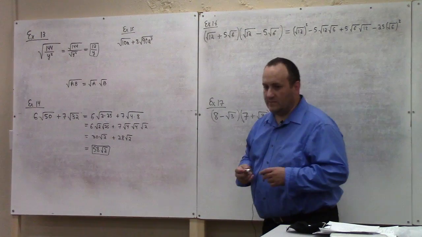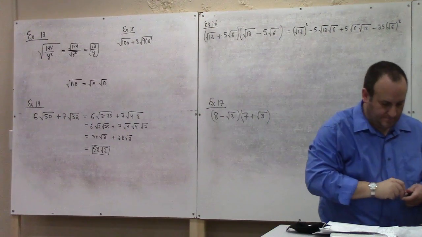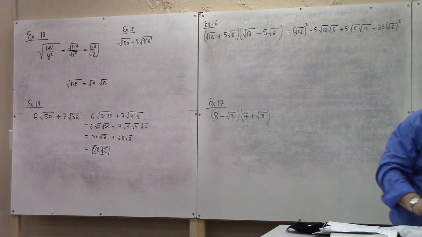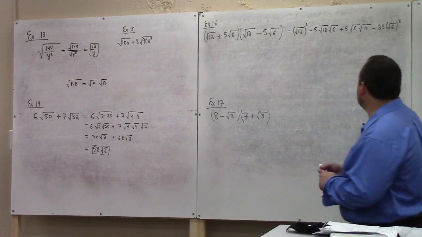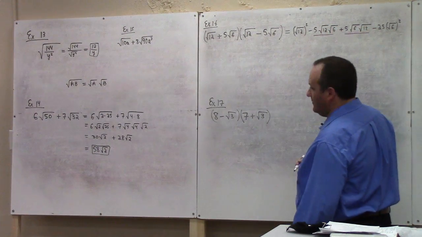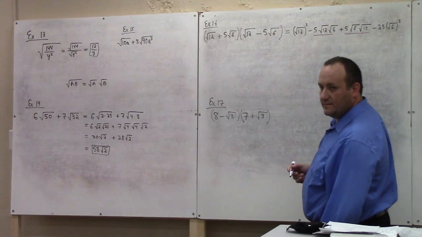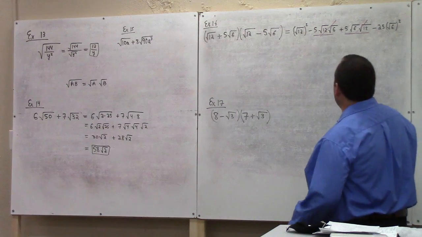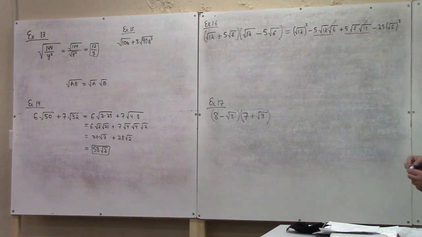You notice something nice there? What's the nice thing there? This guy and this guy, the same thing, but with opposite signs. Yeah, so they cancel out, right? And what's the square root of 12 squared?